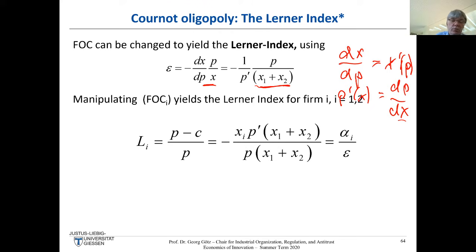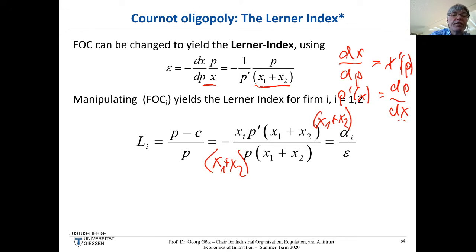We did that, I don't know whether I did it in detail, but here is what you get rearranging that. The only thing you have to do is expand that by x1 plus x2 in the numerator and the denominator. Of course, that's just 1.